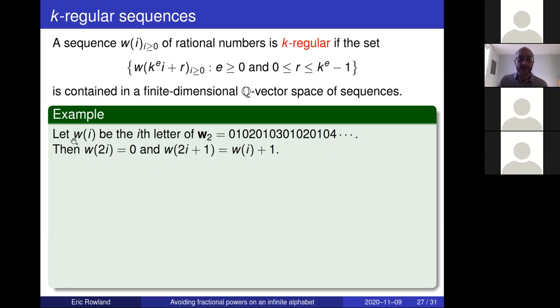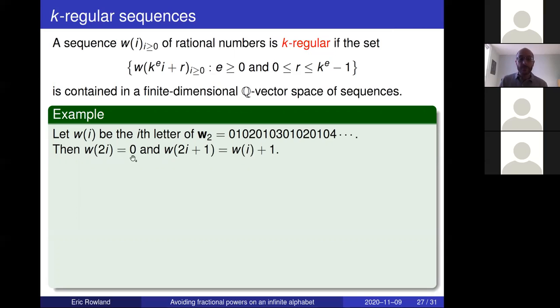So for example, if we go back to the word W2, this was the lex least square free word over the non-negative integers, and we let Wi be the ith letter, then this was generated by a morphism that sends n to 0, n plus 1, right? So every even indexed letter is 0. And every odd indexed letter, W2i plus 1, is simply Wi plus 1, because that's exactly what the morphism does.